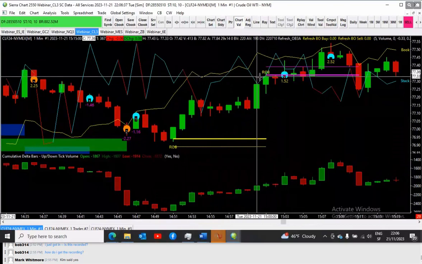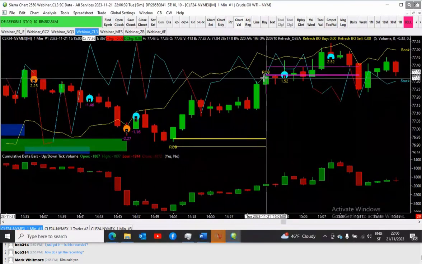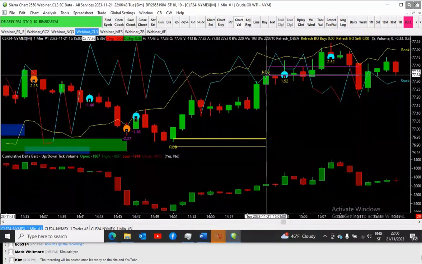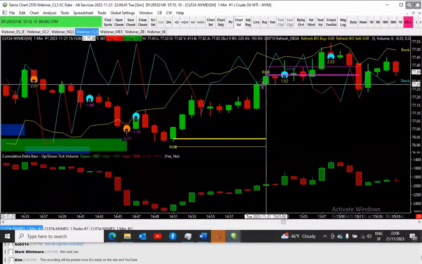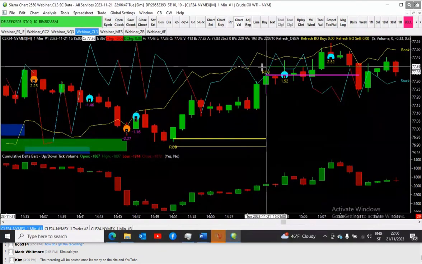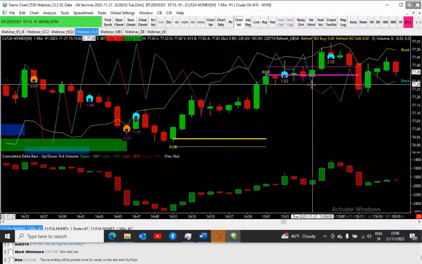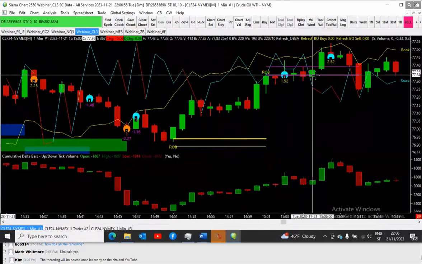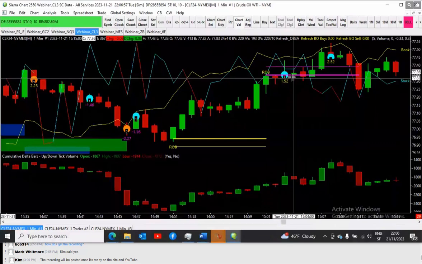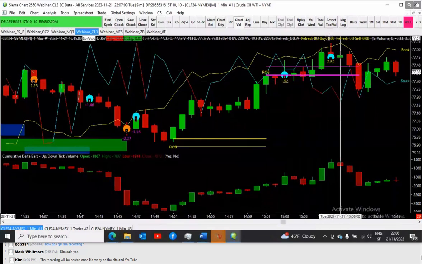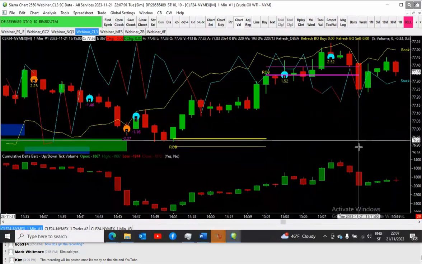And so that's an indication that this is probably, if it goes to the downside at all, it won't go very far because the book is against it and the stacking and pulling is against it. So risky trade, and as you can see, it didn't go very far. Probably only got about 3 or 4 ticks before it reversed and would have stopped you out.